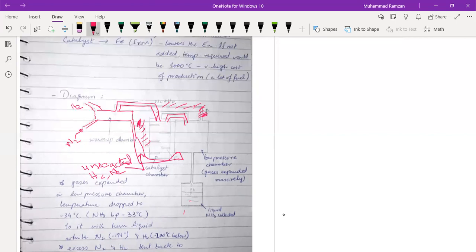There is huge pressure in the catalyst chamber, 200 to 250 ATM pressure. That's a huge pressure.